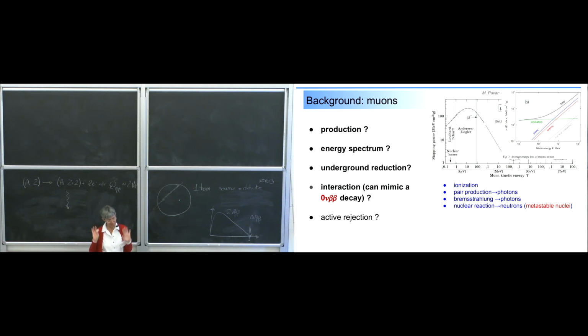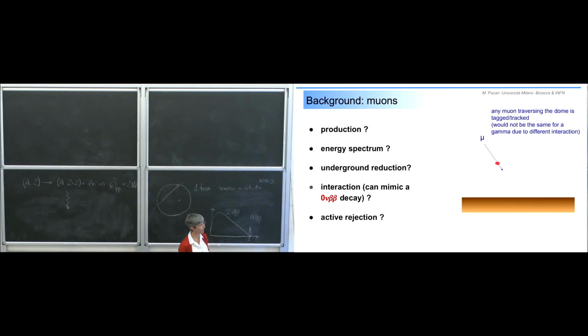Much better at Gran Sasso. But besides that, even in SNOLAB, there are still some residual, much lower, but some residual muons. And so what I can do is to build a veto.